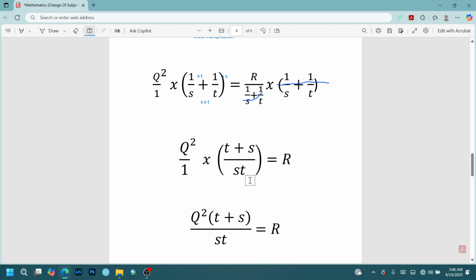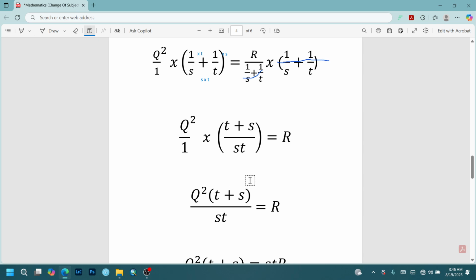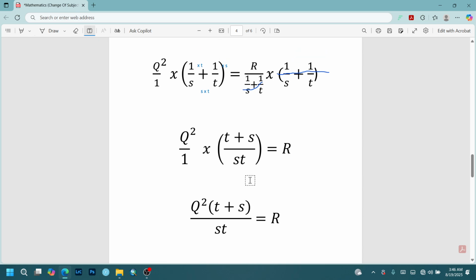So that is well understood. So we are going to have our new equation to be the fraction Q square multiplying T plus S over ST equals R, right? So this R here, every number is divisible by 1, so it has an invisible number 1 here, right?